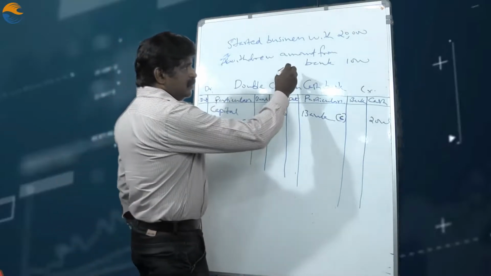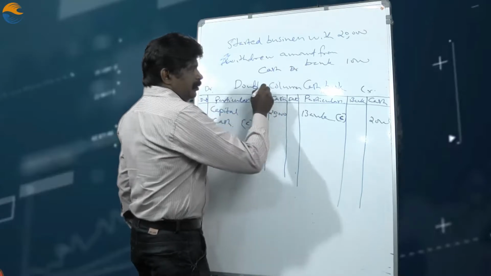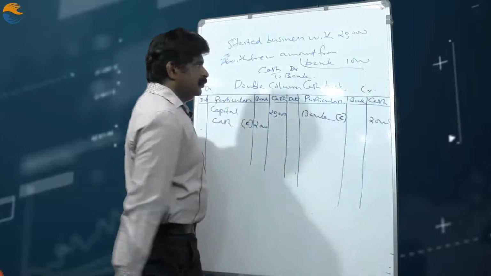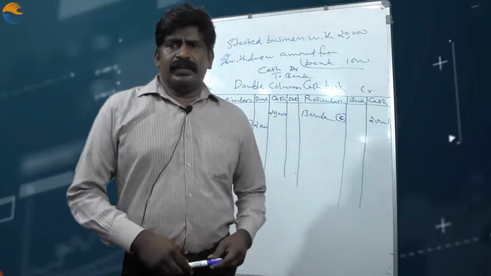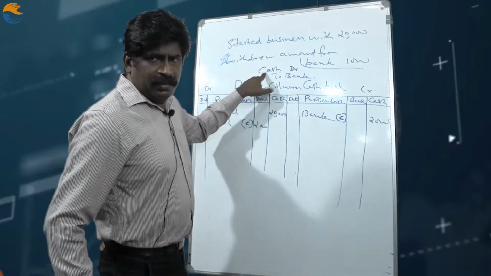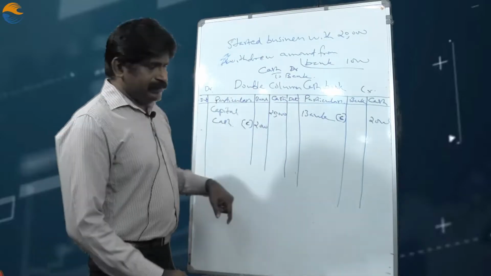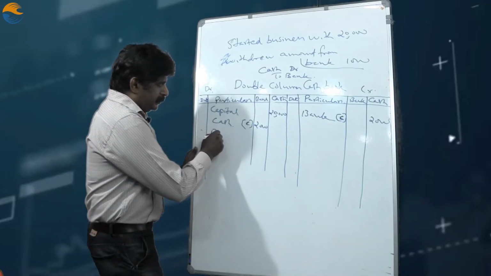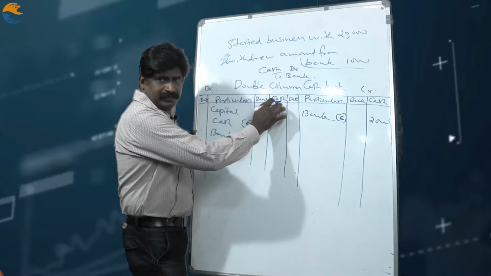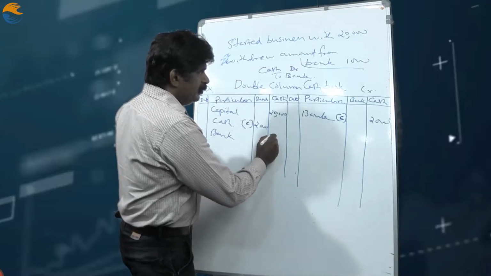The journal is cash account debit to bank. This is the journal. So in the cash account, means in this cash column, we have to write bank, and the amount is 1000.